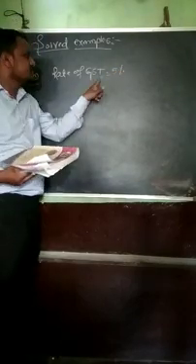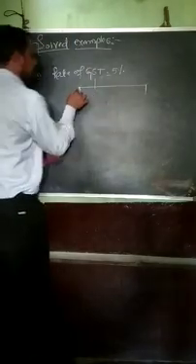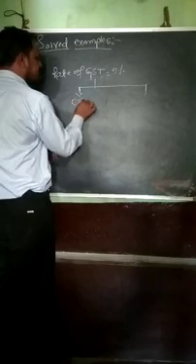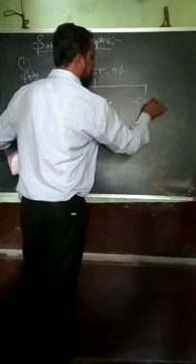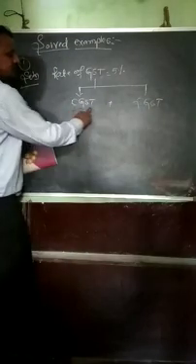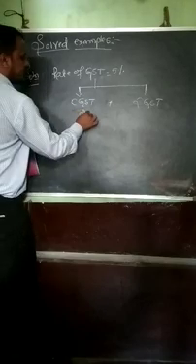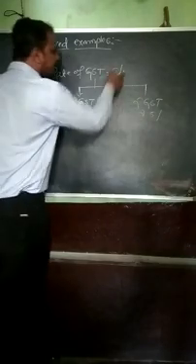Then we can divide the rate of GST as half of it for CGST plus SGST, central GST and state GST, means 2.5%, 2.5%. See here, 2.5 plus 2.5 is 5%.